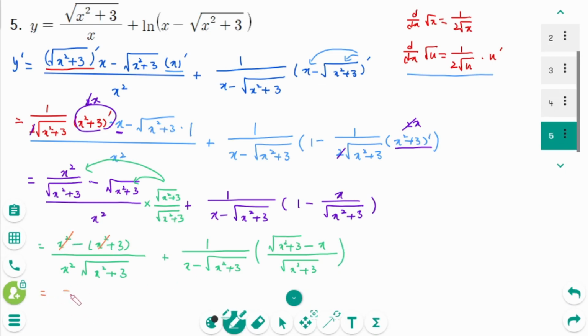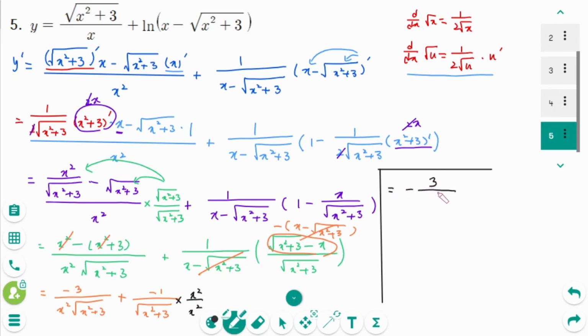equals, cancelled, minus 3 over x squared times square root of x squared plus 3 plus, this one we can rewrite as, take out minus x minus square root of x squared plus 3, then cancelled, minus 1 over square root of x squared plus 3, then times x squared over x squared, equals minus 3 over x squared times square root of x squared plus 3 minus x squared over x squared times square root of x squared plus 3, then minus 3 plus x squared over x squared times square root of x squared plus 3.